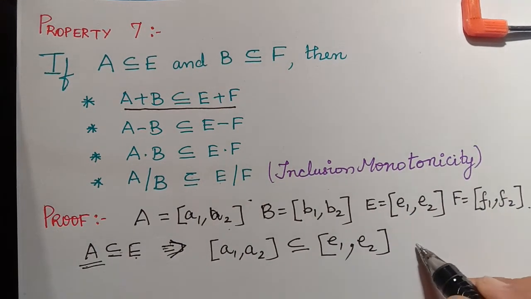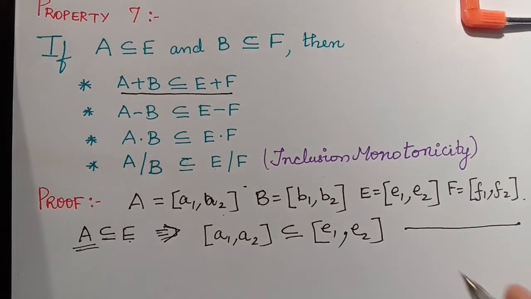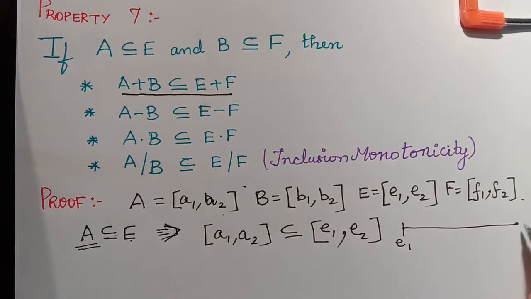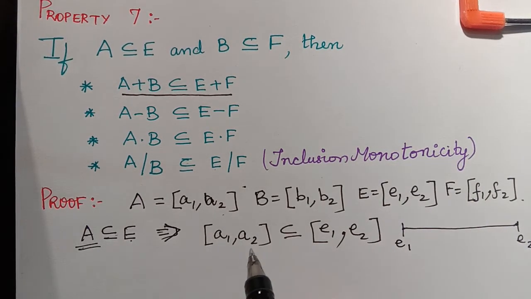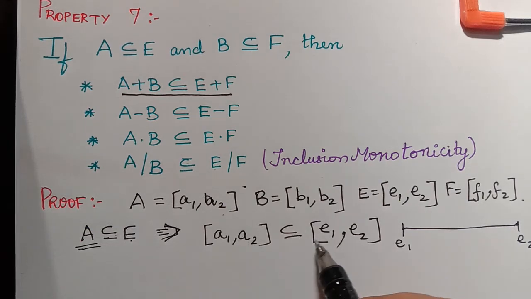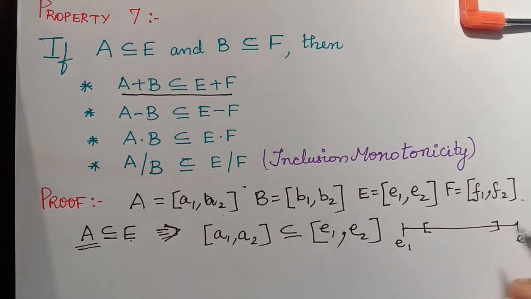So what does this actually mean? Suppose this is the interval E1 comma E2. A1 comma A2 is a subset of E1 comma E2, so it will be somewhere inside here. So this is A1, A2.